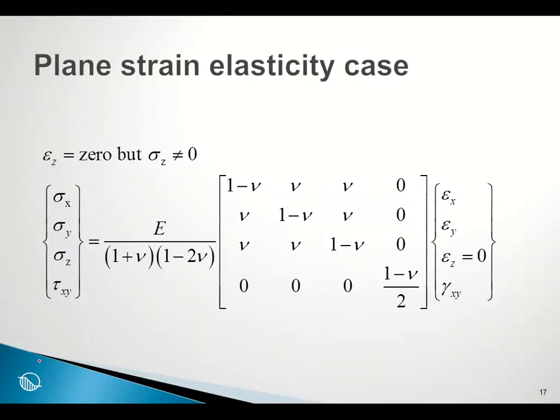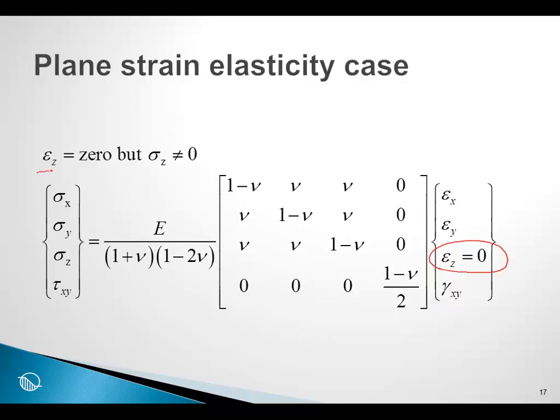What is important to realize here is that in a plane strain case, the strain in the Z direction is zero. So this value in the strain vector or strain tensor is set to zero. This, however, does not mean that the stress in the Z direction is zero.